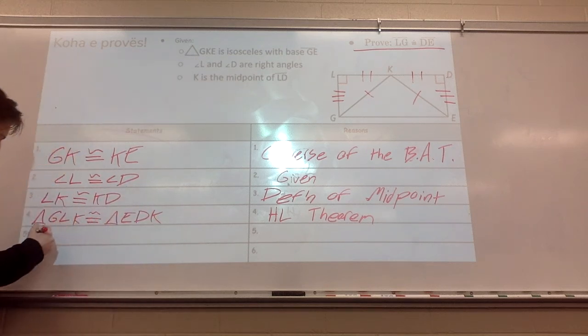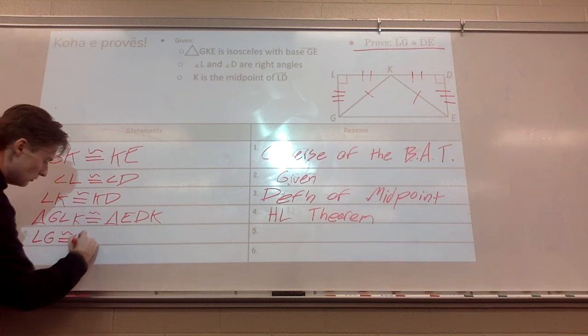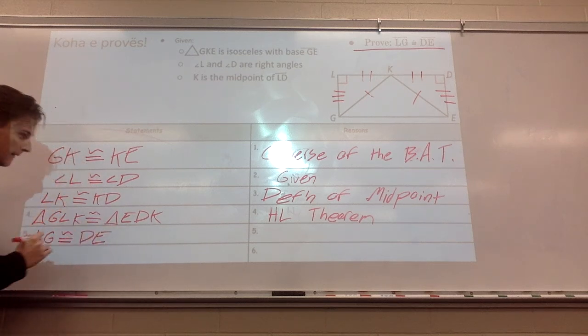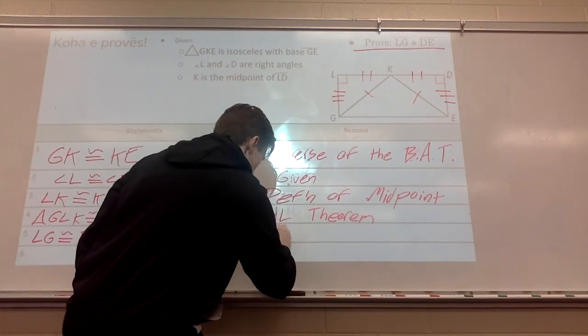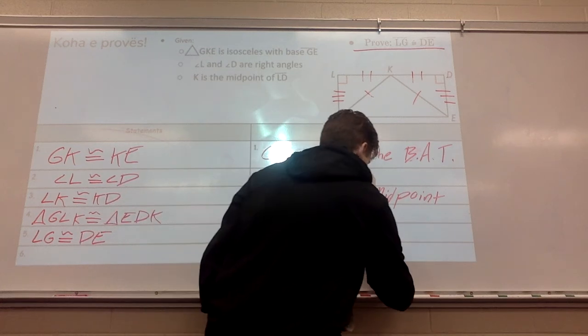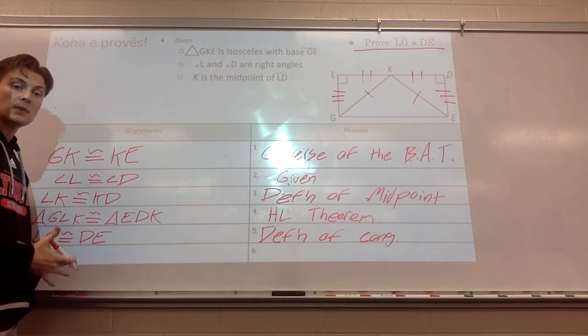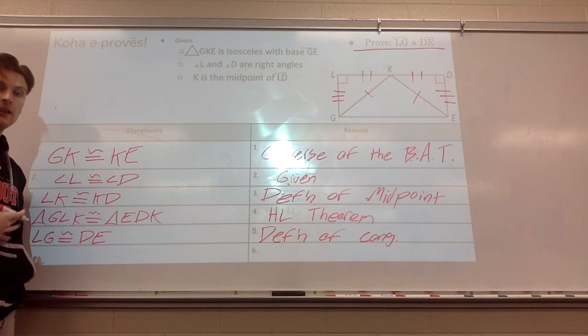So I can say that LG is congruent to DE by the definition of congruence. Okay? Since they are corresponding sides, they have to be congruent.